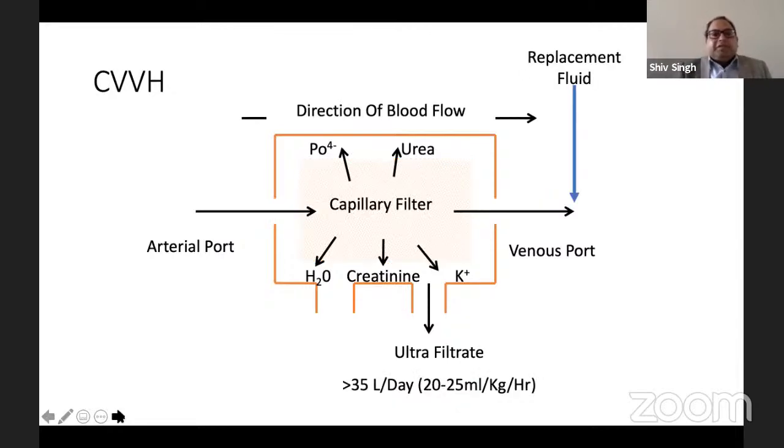And in continuous venous filtration, you can actually have replacement fluid, and like I was explaining before, when there is convection, then you can actually increase the amount of the ultrafiltrate. And this can go as high as 35 liters per day or 20 to 25 ml per kg per hour.